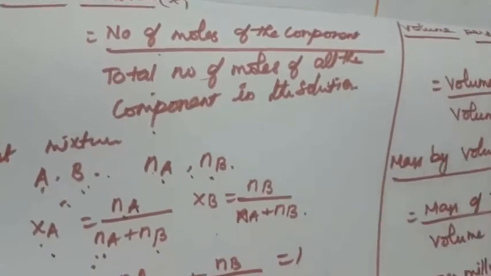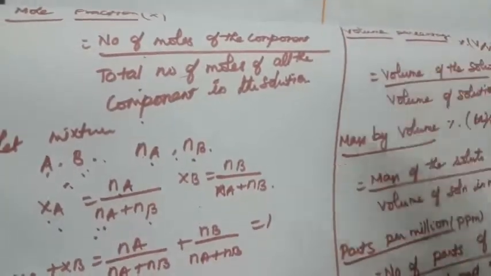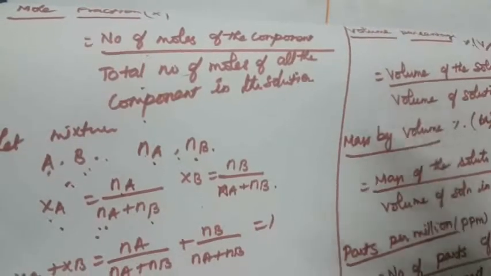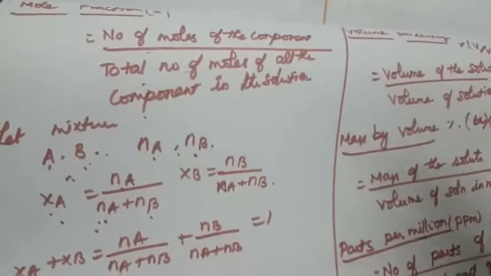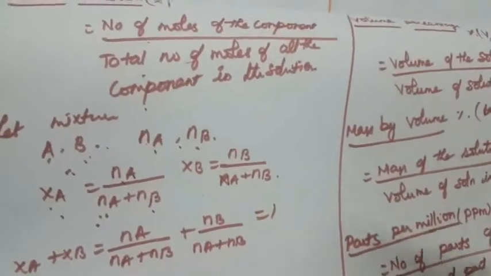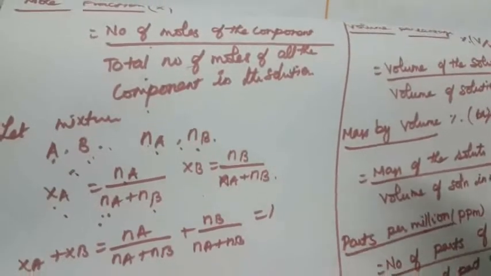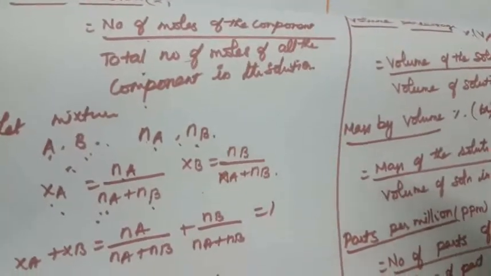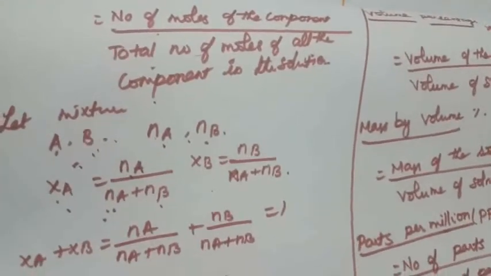These concentration expressions can be used to measure the partial pressure of gases, the vapor pressure of the solution, and the mole fraction of the solution. So these are all the ways to express the concentration of the solution.